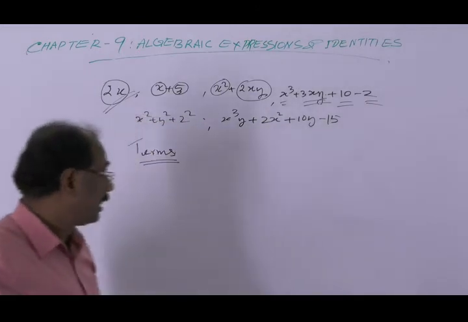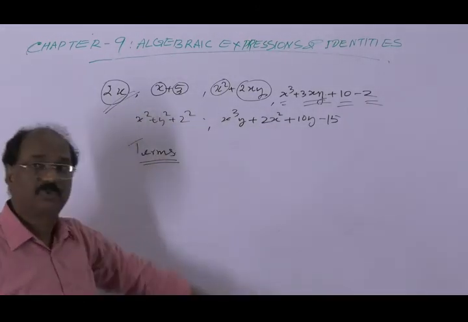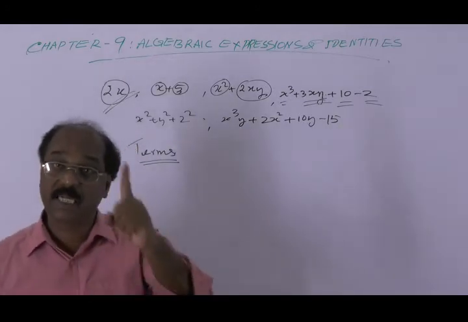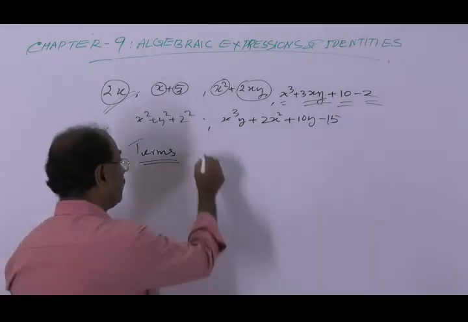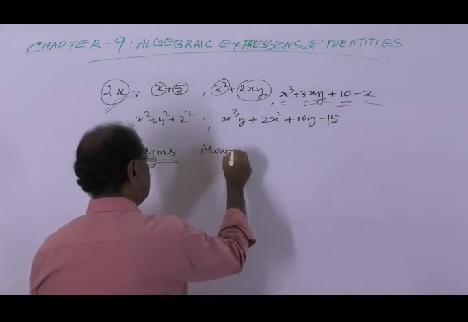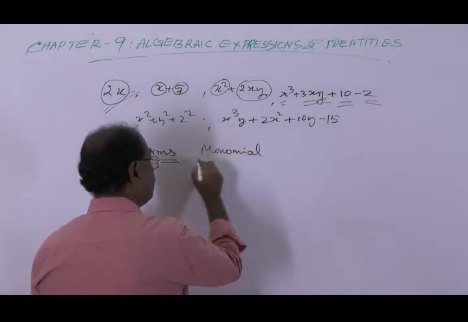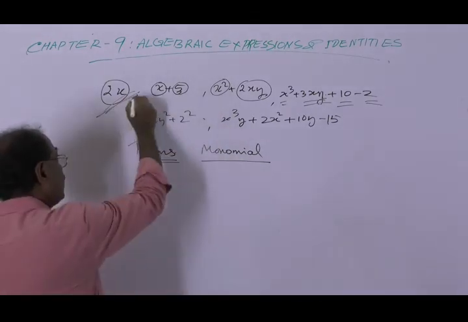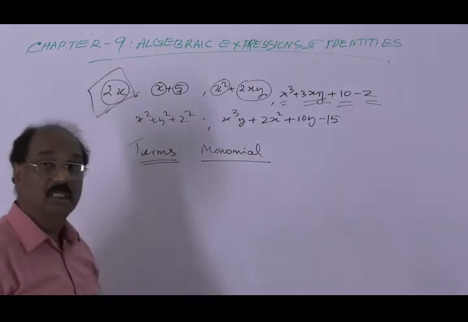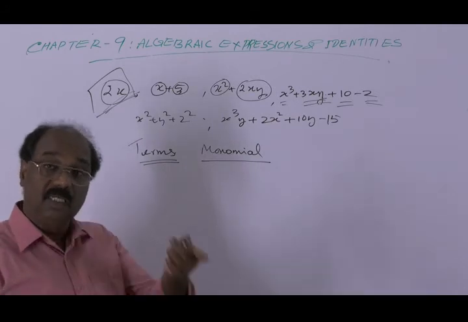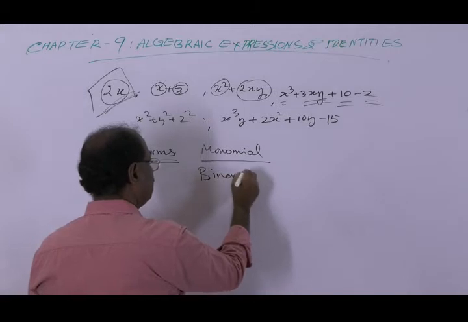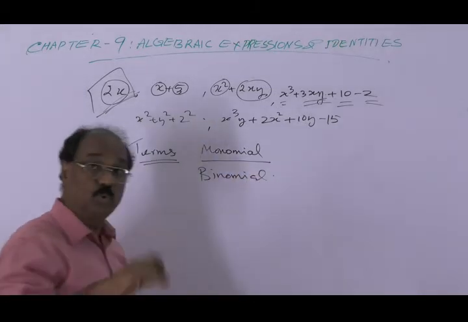Again, consider the terms of an expression. If the expression has only one term, it is called a monomial. Mono means one, single. So 2x is a monomial. It has only one term. If the expression has two terms, it is said to be a binomial. Bi means two.